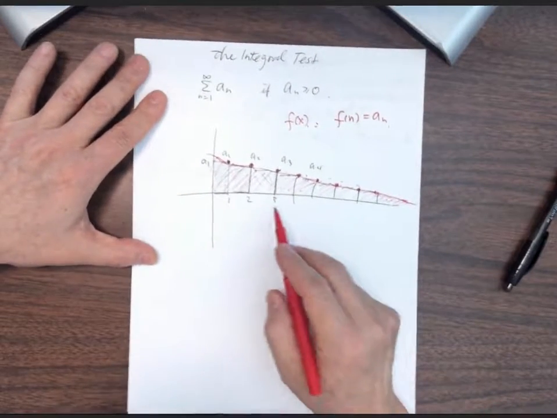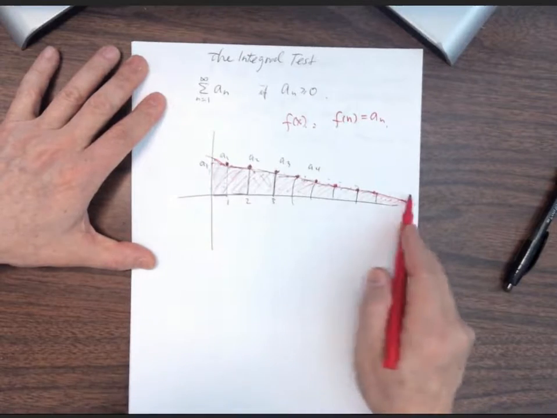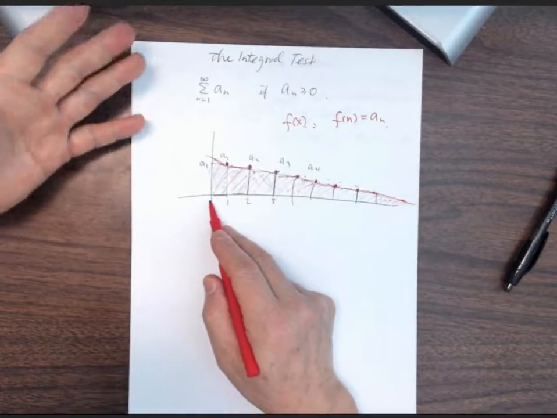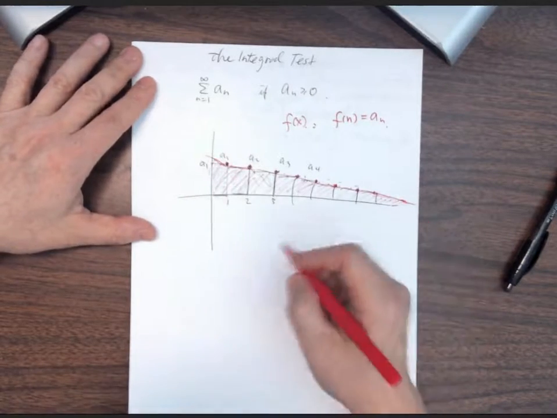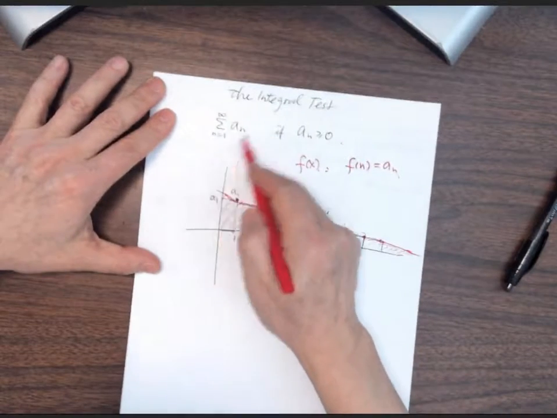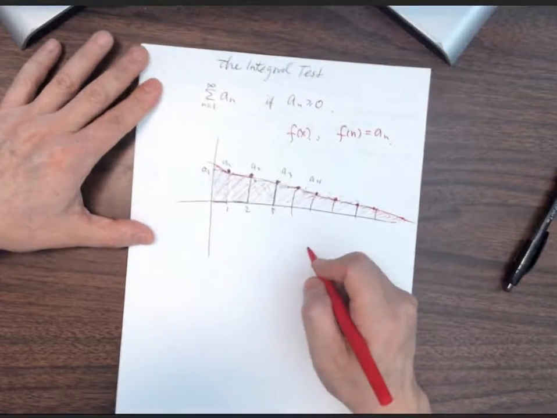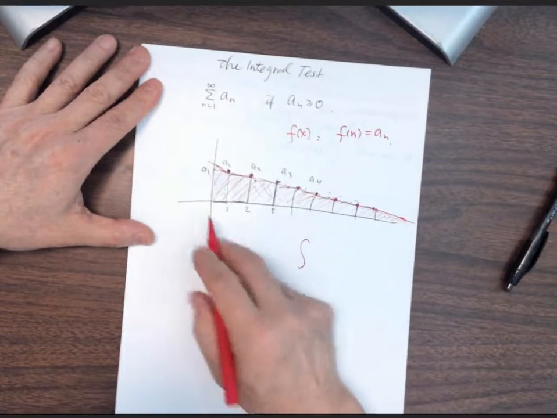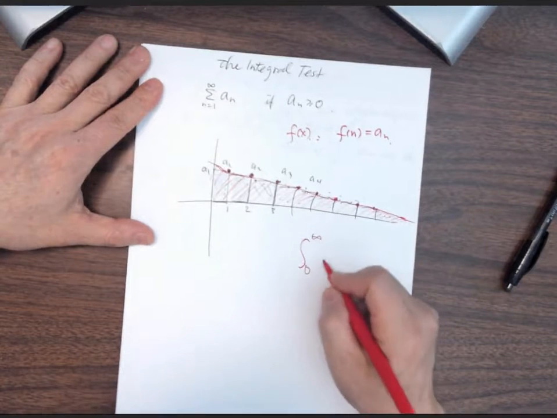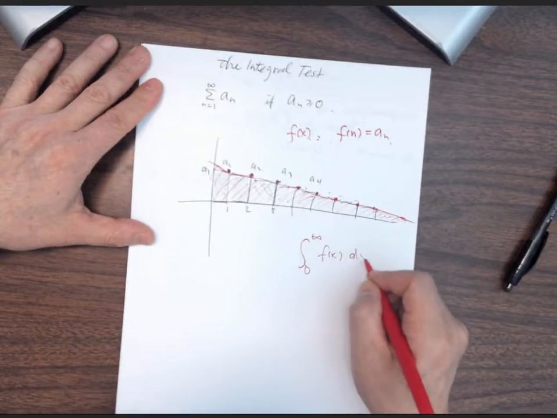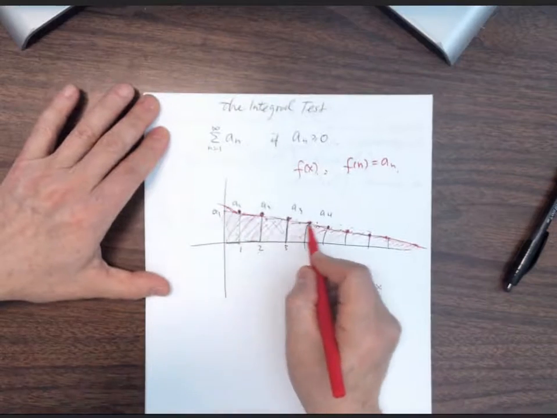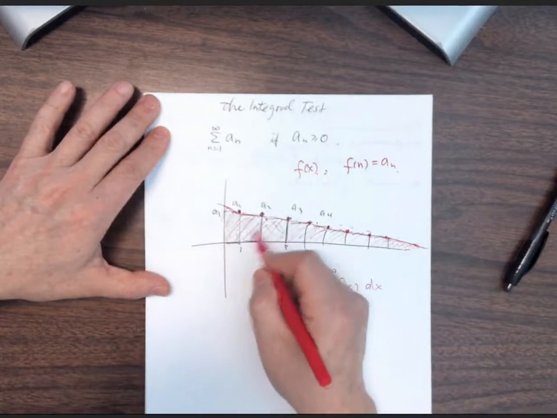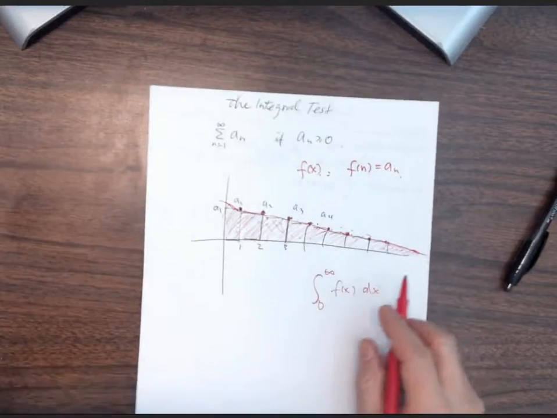But approximately the area of the region under the graph of f of x from, say, even 0 to infinity will be similar to the value there. So the integral from 0 to infinity of f of x, that improper integral, would be the area of this red shaded region.